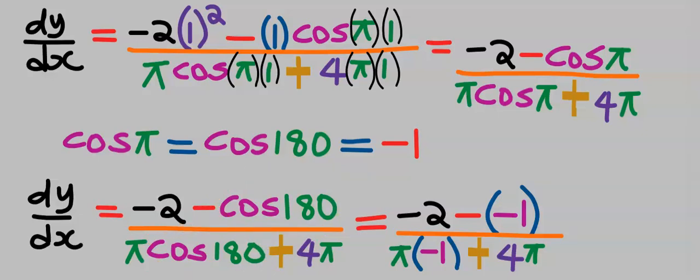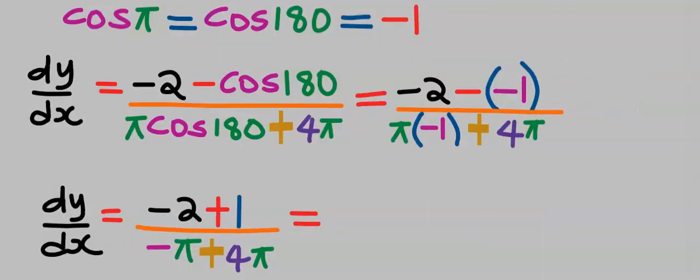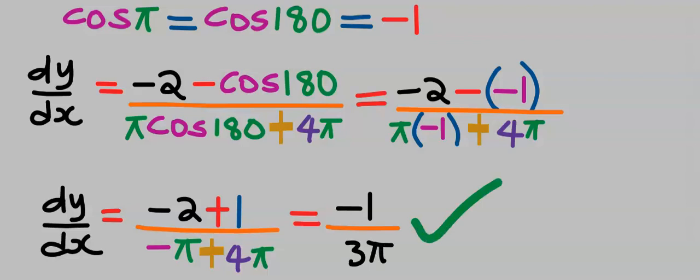Next, let's simplify our results. -2 plus 1 is -1, and minus pi plus 4 pi is 3 pi, and this is our dy dx.